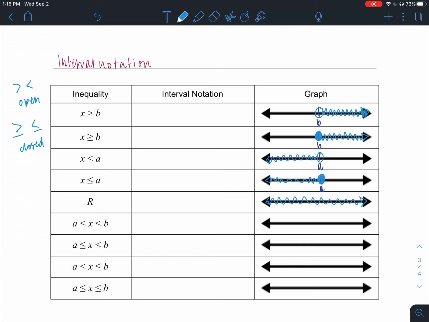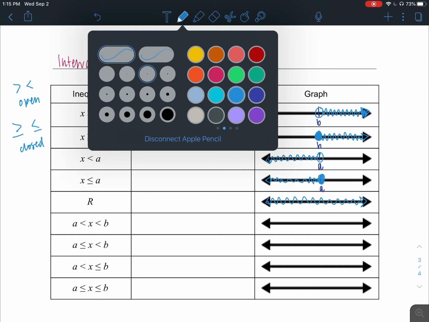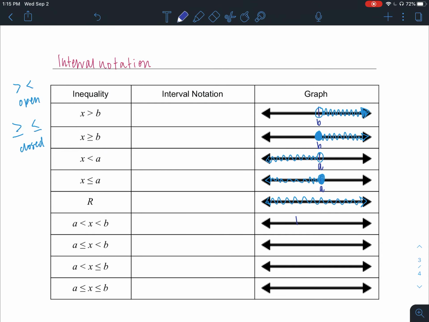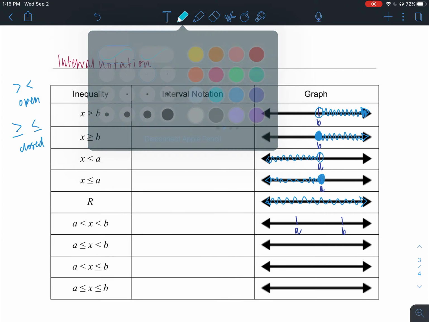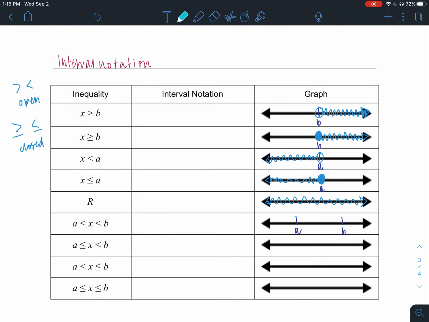And then for x is between a and b, or otherwise known as a is less than x is less than b. If I have a and b, then the way I would write that is an open circle, and then it's going to go between them, everything in between there.